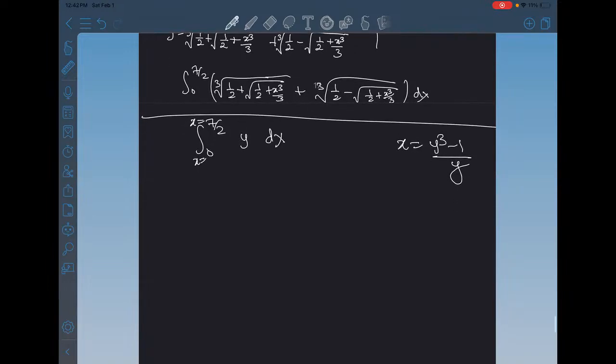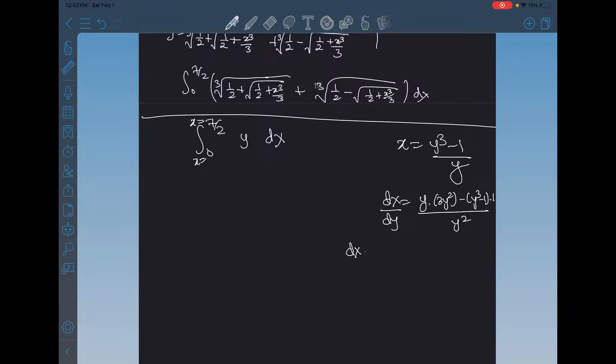So now this dx will just be y times 3y square minus y cube minus 1 times y by y square, right?